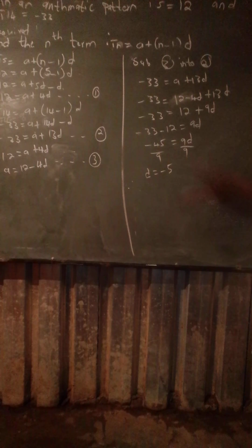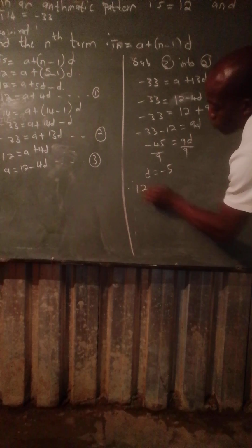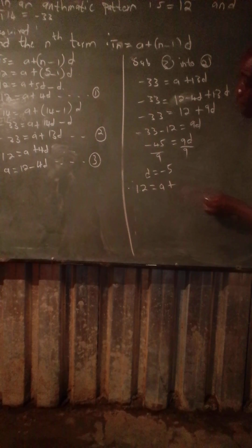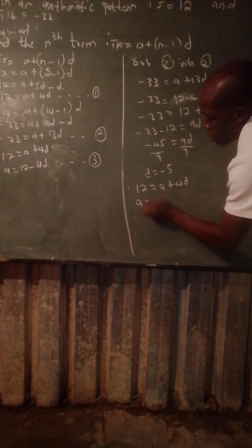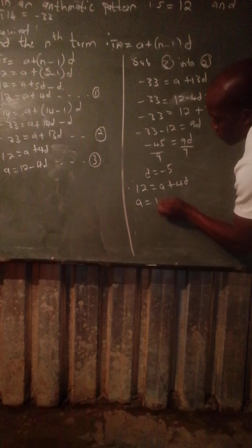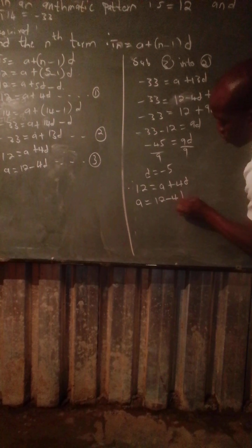Now, working on the value of a, I can take any equation just to substitute. On my equation 1, 12 equals a plus 4d, which was changed to a equals 12 minus 4d.